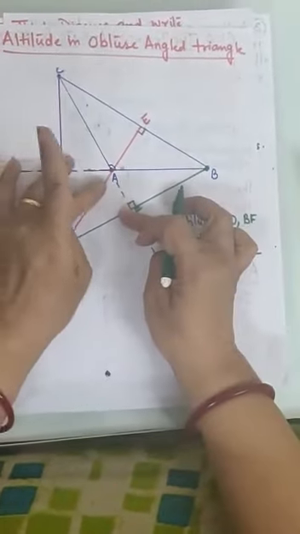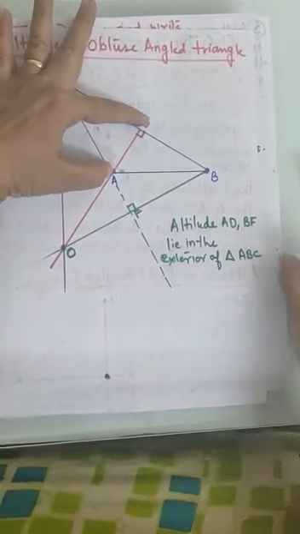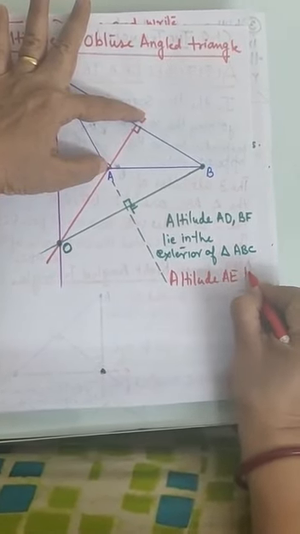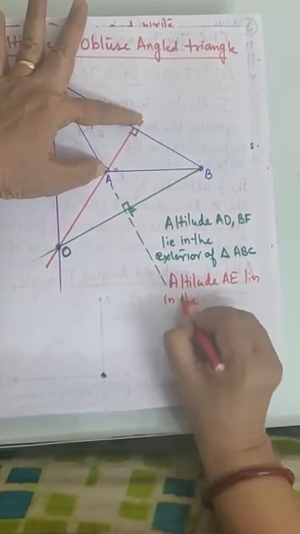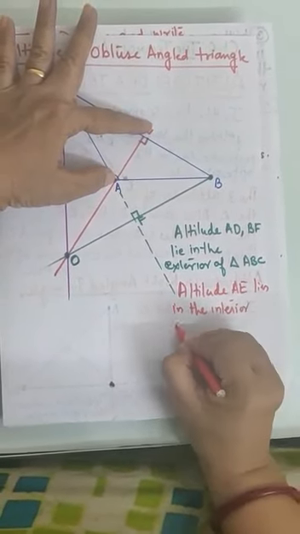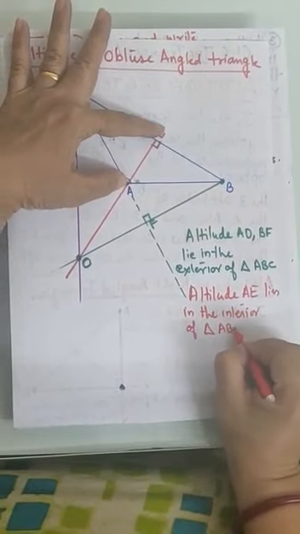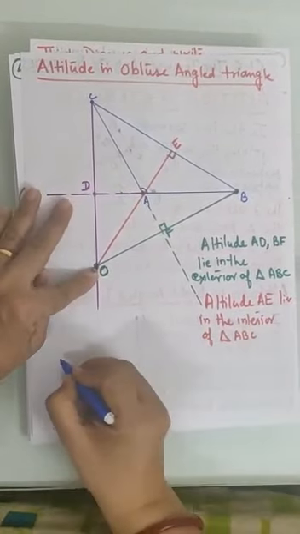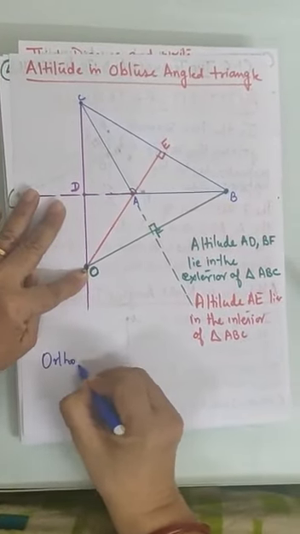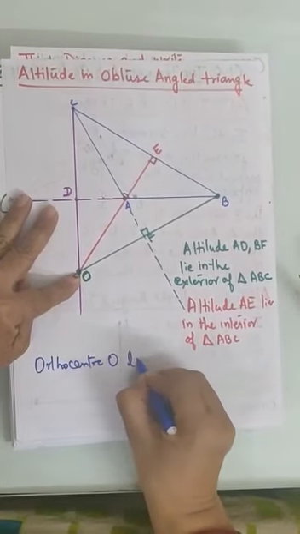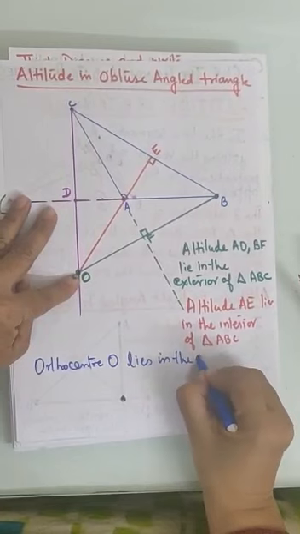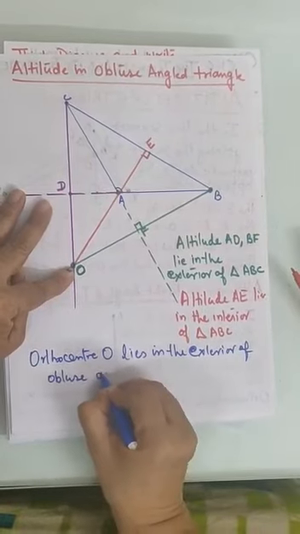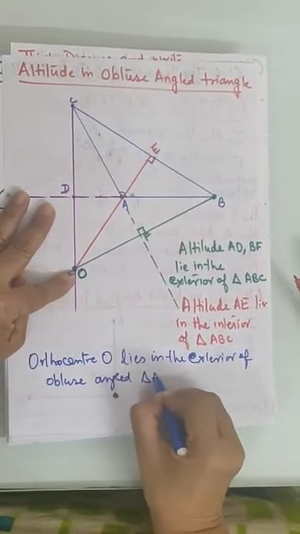ये ट्राइंगल है, ये इसके एक्सटीरियर में है. And altitude AE lies in the interior of triangle ABC, and this point O, which is the orthocenter O, lies in the exterior of obtuse angled triangle ABC.